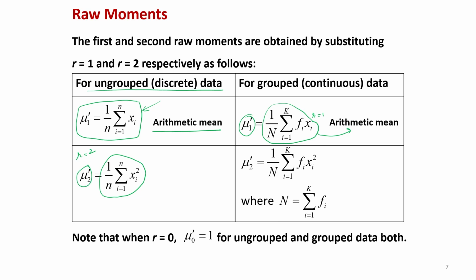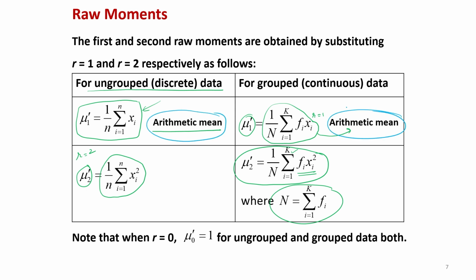And the same thing happens in the case of grouped data, where mu 2 prime is equal to 1 upon capital N, summation i goes from 1 to k, fi xi squared, where capital N is the summation fi. In the case of r equal to 1, you can very easily identify that the first raw moment is the arithmetic mean.